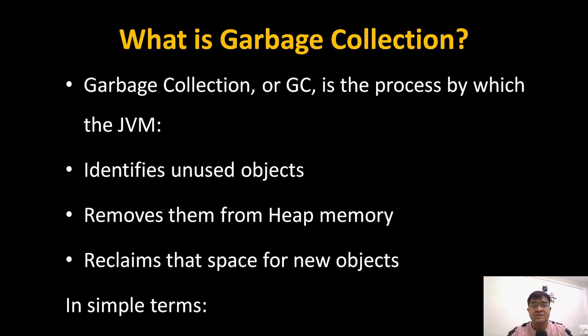So what is garbage collection? Garbage collection, or simply GC, is a process by which the JVM identifies the unused objects, removes them from the heap memory and reclaims the memory space for new objects. So in simple terms, garbage collection deletes the objects that are no longer reachable.